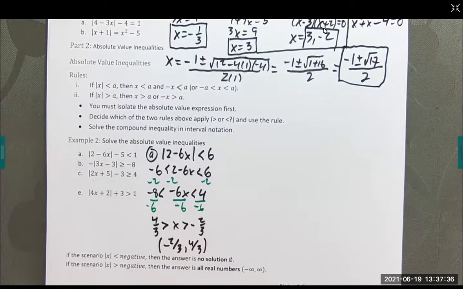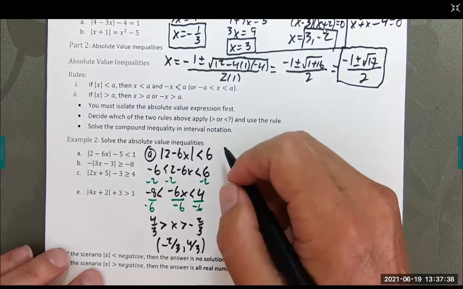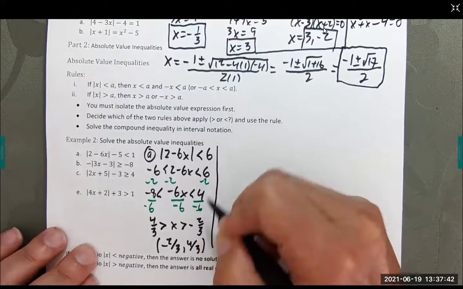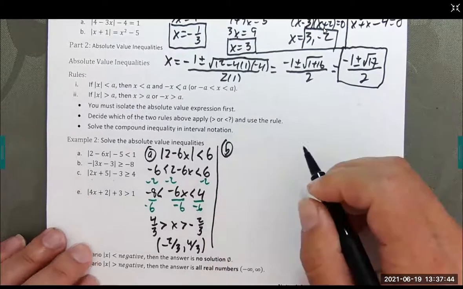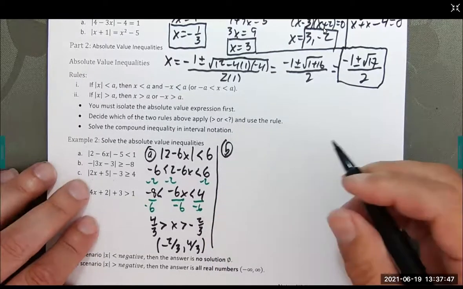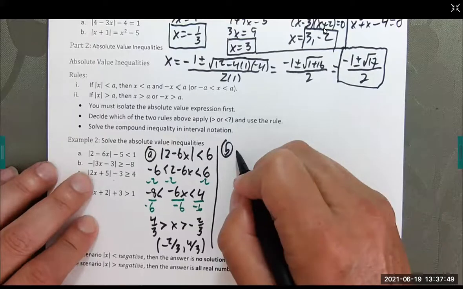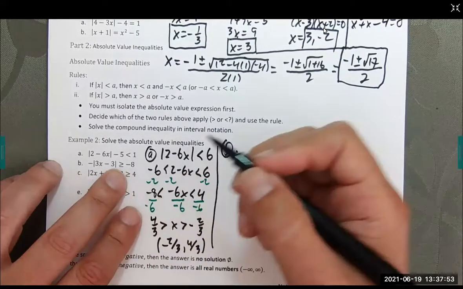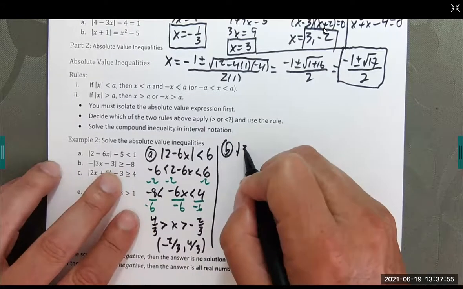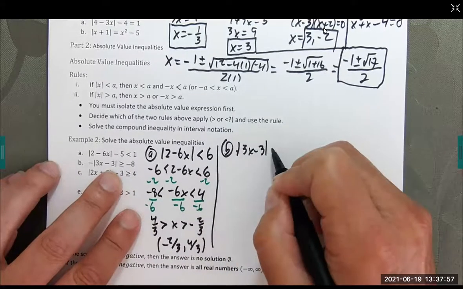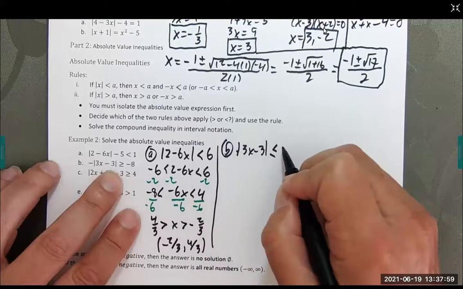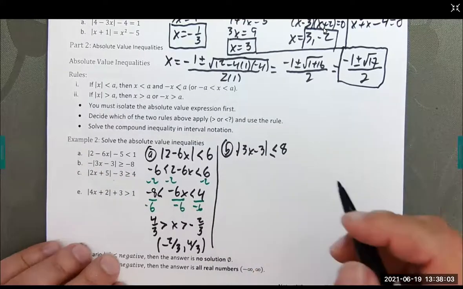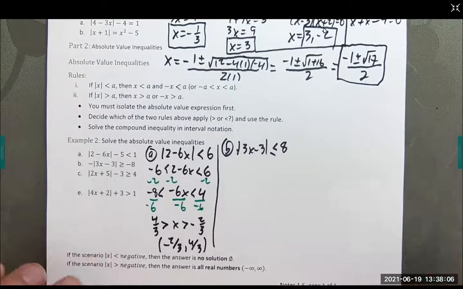All right, part B. Actually, I'm going to divide both sides by -1. That'll change the inequality. So this just becomes absolute value of 3x minus 3 is now less than or equal to +8. So I divided both sides by -1 here. And you can see this is still a less than case.